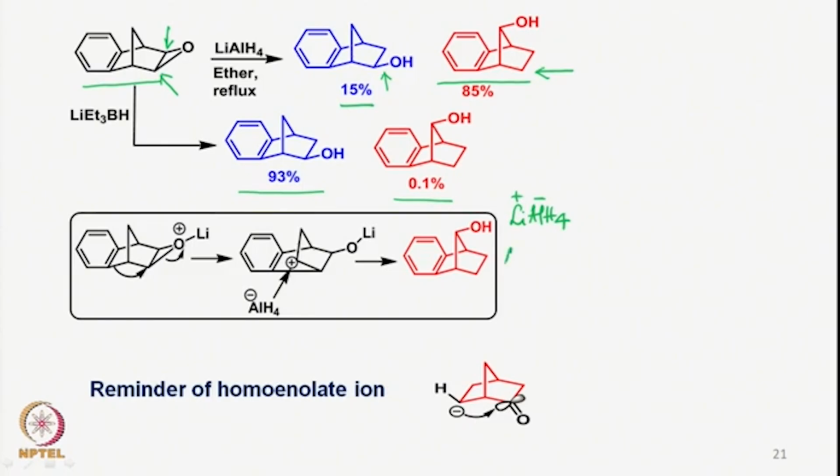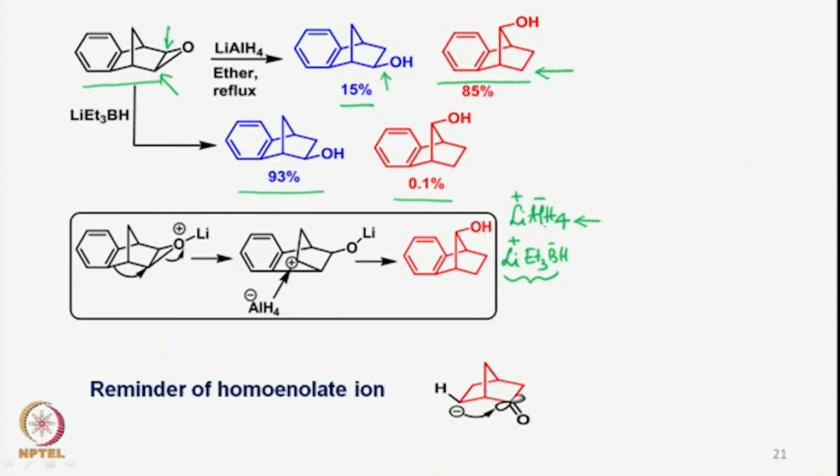But if you look at lithium triethyl borohydride, because of the electron releasing nature of the ethyl groups, this particular part here is not as ionic as in the case of lithium aluminum hydride.